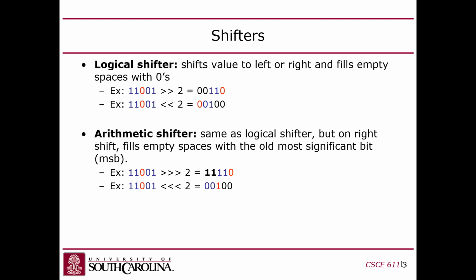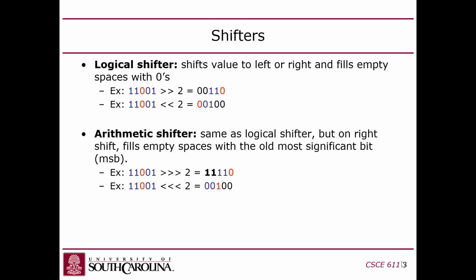So that 0, 1 goes away. I'm left with 1, 1, 0 on the right-hand side, and on the left-hand side I get zeros. Always zeros, because it's a logical shift. It shifts in zeros, filling the empty holes with zeros. If you shift to the left, the same thing happens, but in the opposite direction.